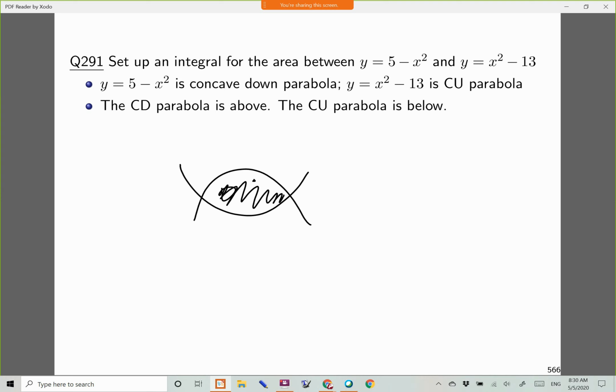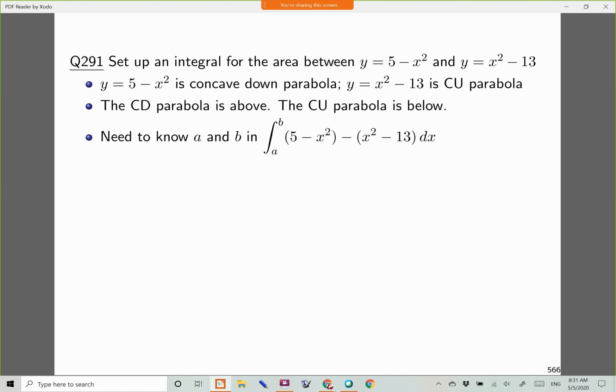If you start in the shaded region and move upward, you reach the concave down parabola. If you walk downward, you reach the concave up parabola. So already the whole point is to set up that we should have the concave down parabola minus the concave up parabola. The formulas are in that order, right?